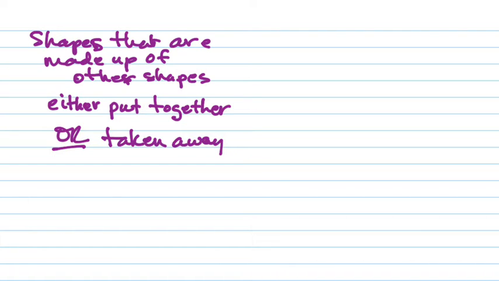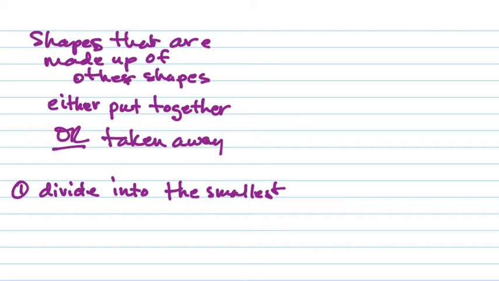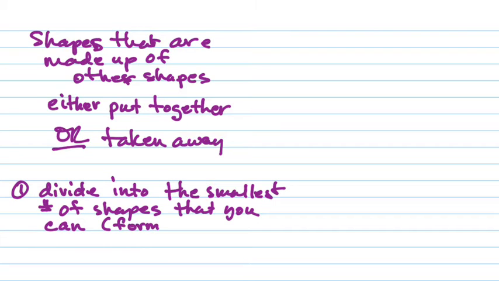Okay, so what we want to do first then is divide into the smallest number of shapes that you can. But remember, we only want to divide it into shapes that we know formulas for. If you divide it into some shape that you don't have a formula for, that won't do you any good. So for example, can I cut it into a square and a rectangle?